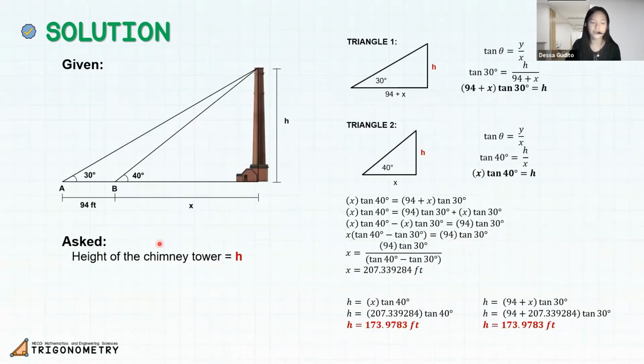So we have here the given and what is asked in the problem. Based on our illustration, we have two unknowns, the x and the h. Since we have two unknowns, we need two equations to be able to solve them. And with the problem, we also have two triangles. Therefore, we can already formulate two equations with these two triangles. What we don't know yet is what identity we should use.